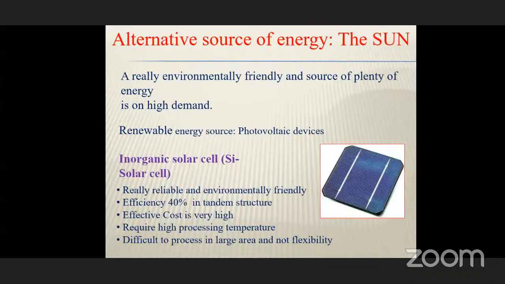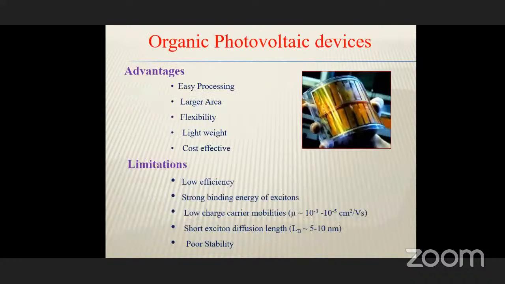So researchers have moved towards organic solar cells. Organic photovoltaic solar cells are based on organic materials that perfectly suit as their processing is easy. They are large area, flexible, lightweight, and cost effective.